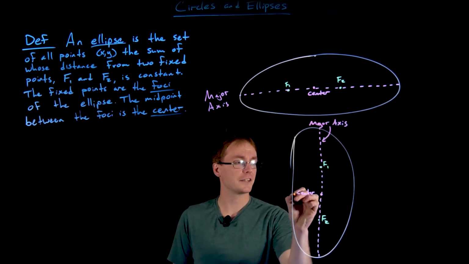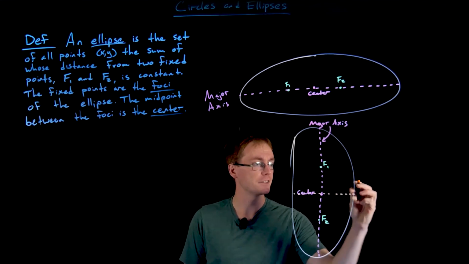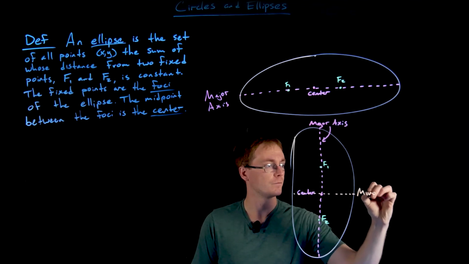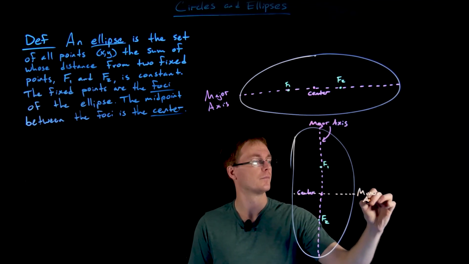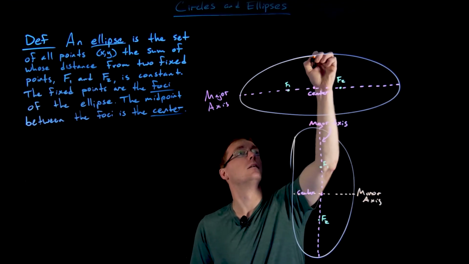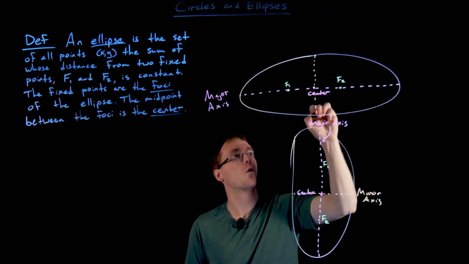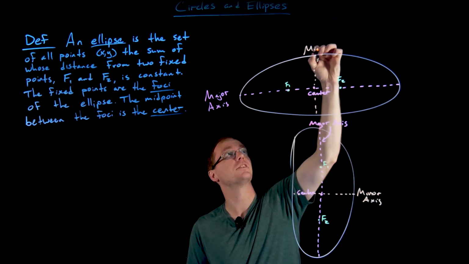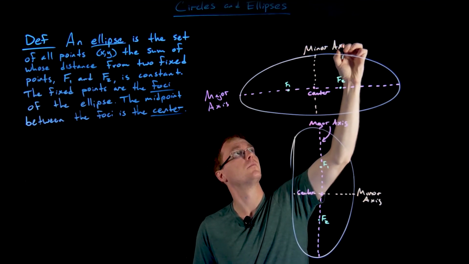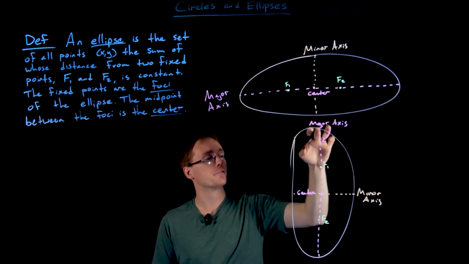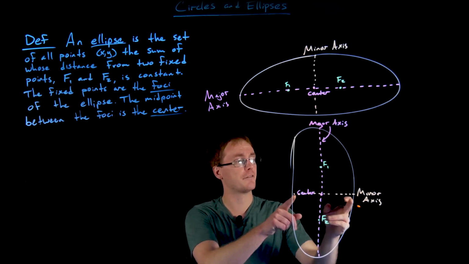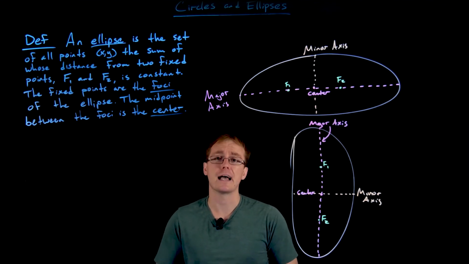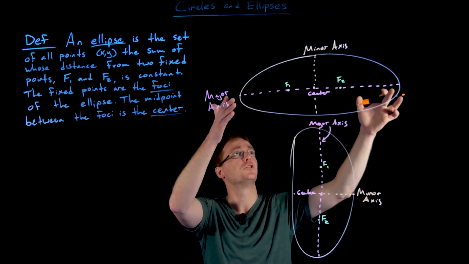Perpendicular to the major axis will be the minor axis. So if we have a horizontal major axis, then we'll have a vertical minor axis. And if we have a vertical major axis, then we're going to have a horizontal minor axis, right? You can always measure the two axes.